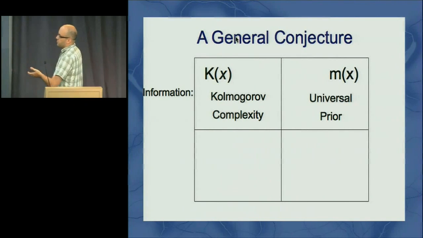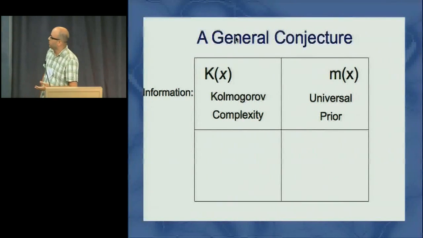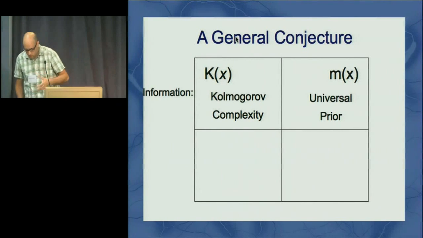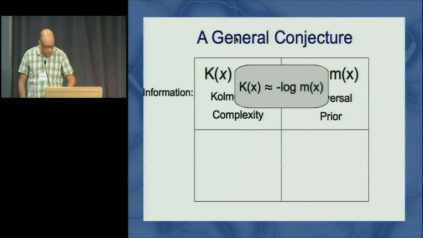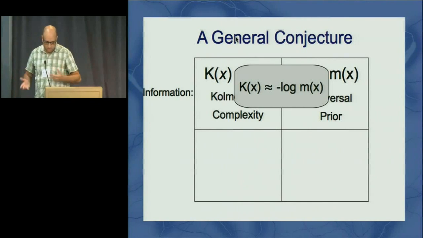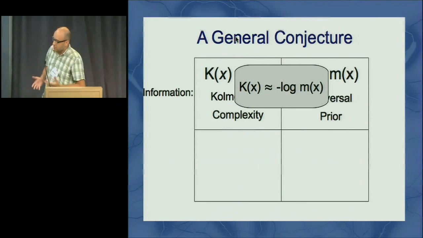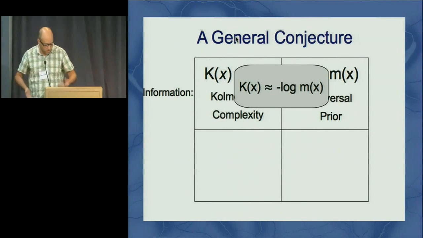The other is the universal prior, which is Solomonoff's measure. With the coding theorem, they're actually equivalent, and they're really the same thing. In many papers you define K of x in terms of the log of the universal prior, so they're basically the same thing, and there are two different types of information measures.